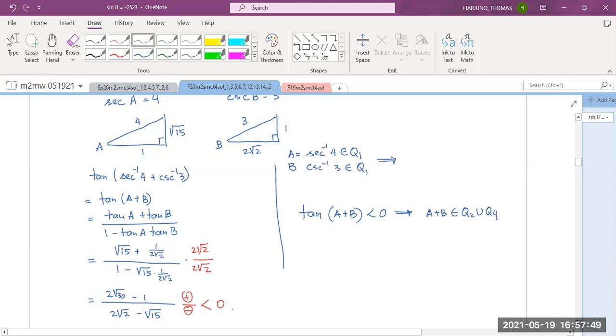Therefore, A is between 0 and pi over 2, and B is between 0 and pi over 2, such that when we add them, this will be between 0 and pi, which implies A plus B is in quadrant 1 or quadrant 2. Now together with the tangent, A plus B is in quadrant 1.